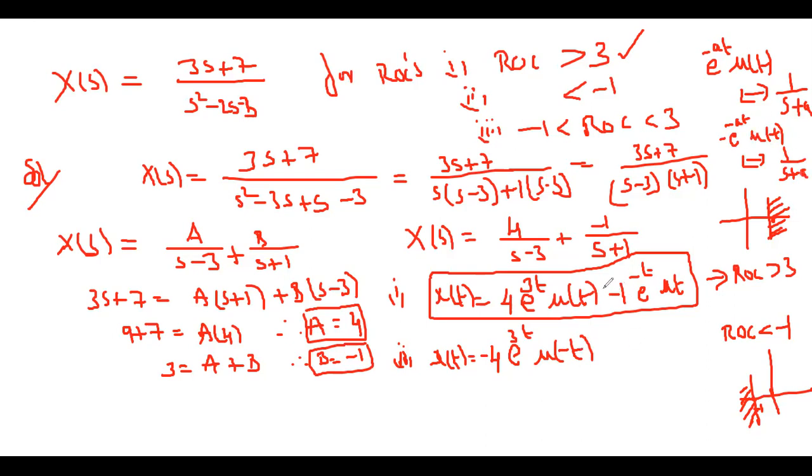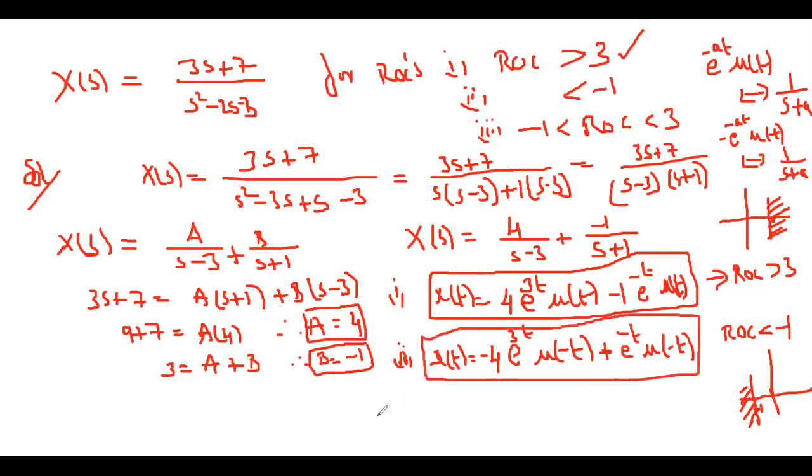Okay. And similarly, already we have the minus there. Now it becomes plus e power minus t mu of minus t. So both are minus t's. Minus e power minus at mu of minus t is 1 by s plus a for the negative real axis. It is for the ROC of less than minus 1.